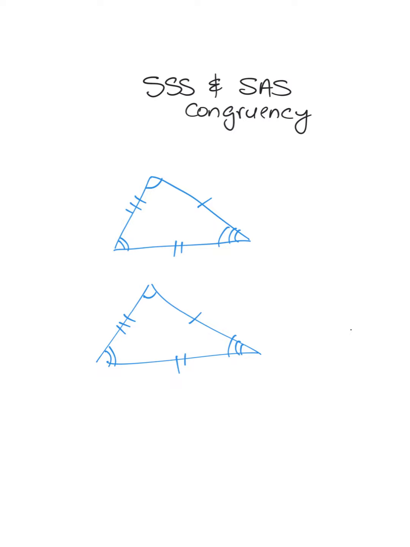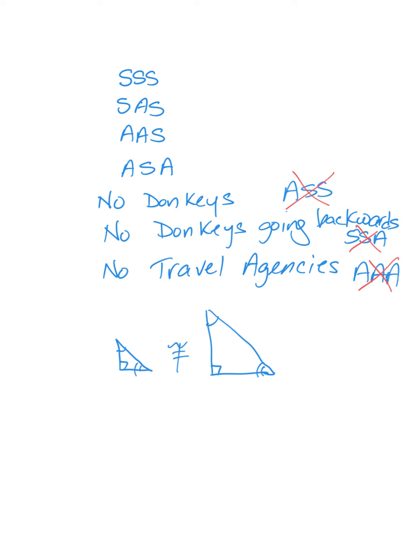Today we're going to talk about SSS and SAS, but there's 2 other ones also. So I'm going to talk about that for a little bit so that you keep these notes kind of separate. So the top 4 ways of congruency are valid ways. They're side, side, side; side, angle, side; angle, side, angle; and angle, angle, side.